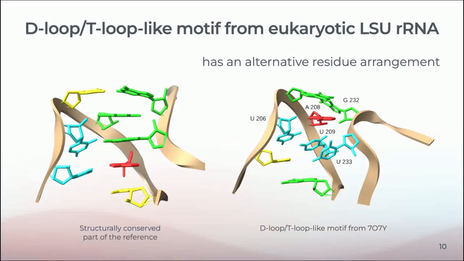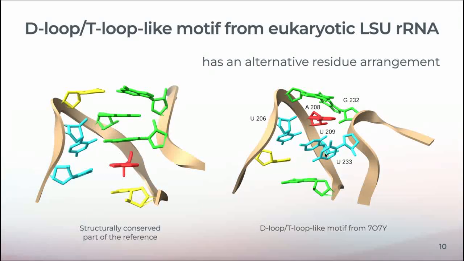Instead of a long-range base pair, we observe U233, which corresponds to guanine and is stacked under U209, which doesn't allow forming a base pair with U206. So this uracil 209 corresponds to this adenine, and we have another residue arrangement.